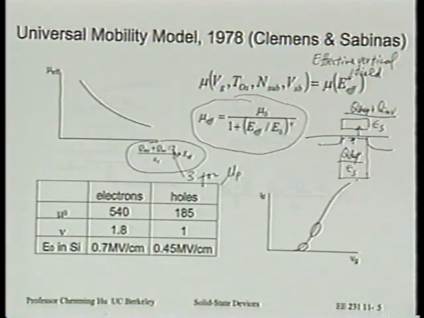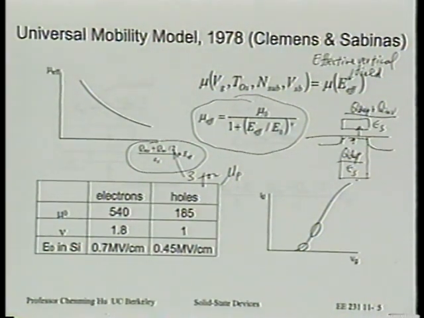So if we knew this effective field, we know the mobility. That's quite a strong statement. Right? Yes? Question? Mu naught would be the mobility in the absence of an electric field, right? No. Mu naught would be the mobility when there is no electric field.